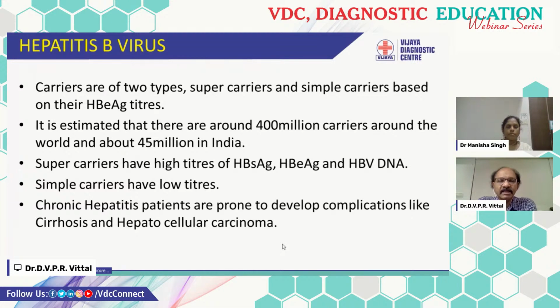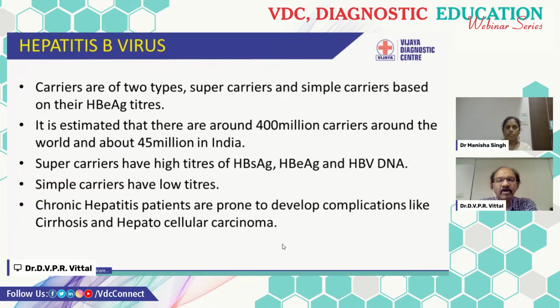Now, the super carriers are those carriers having high titers of the antigens released from the virus. These super carriers are highly infective, and their blood products and secretions, if others are exposed to them, may give those people a chance to get infected.